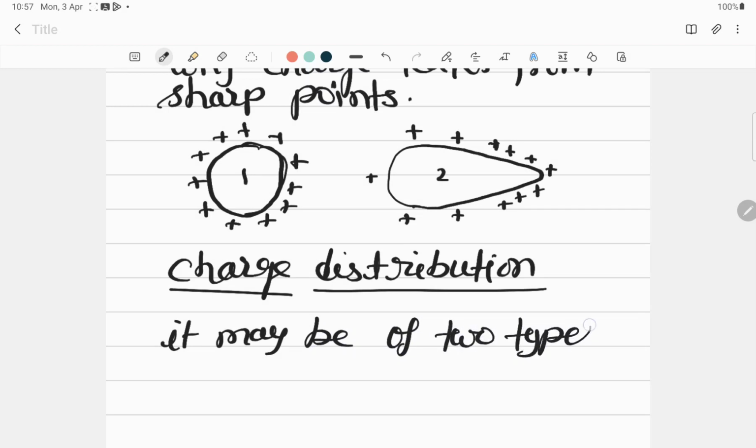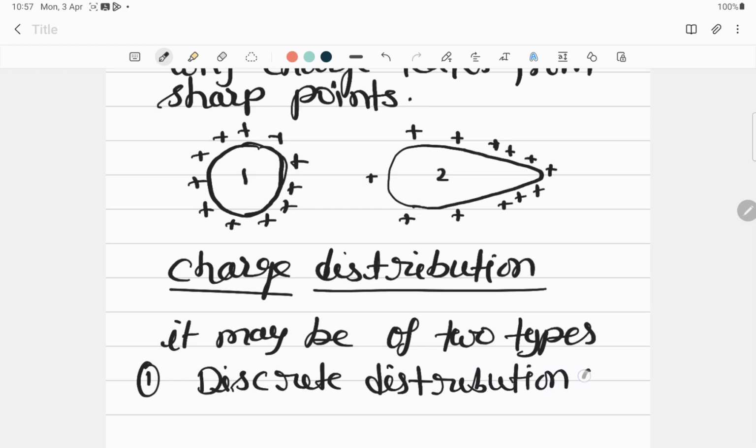Number one, discrete distribution of charge. And the second one, continuous distribution of charge.